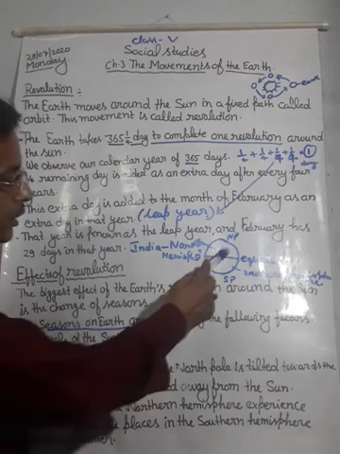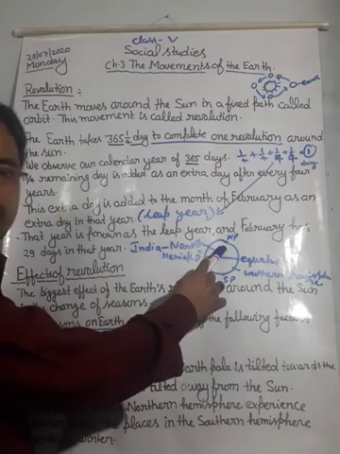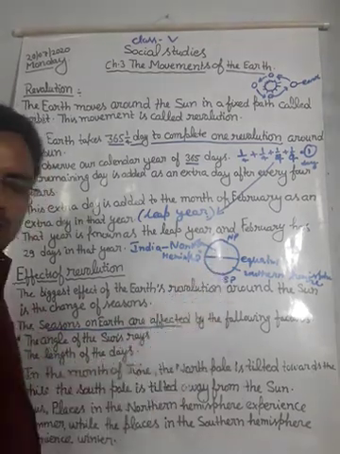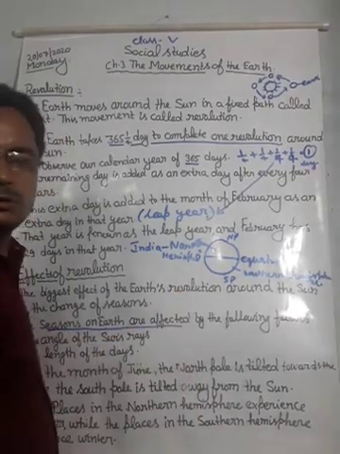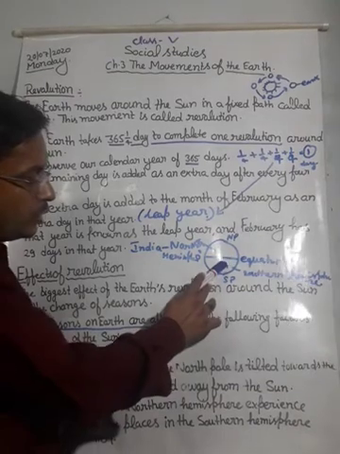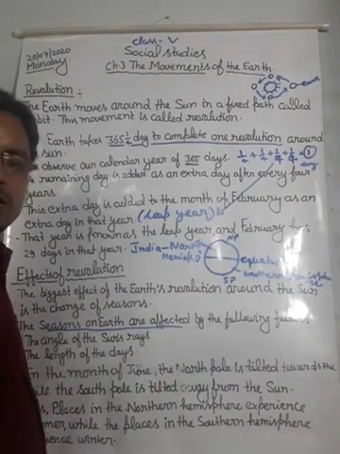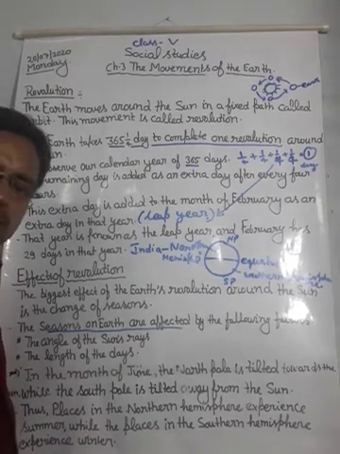Means here in the northern hemisphere the day will be longer. And what about the southern hemisphere? It is tilted away from the sun, so it will get less sunlight and for less time.